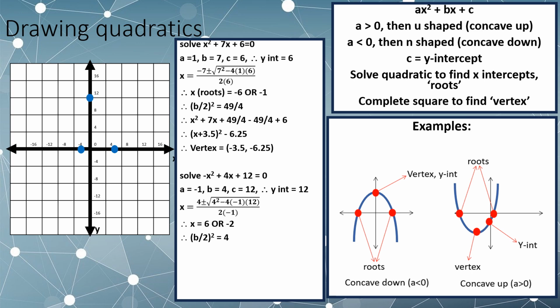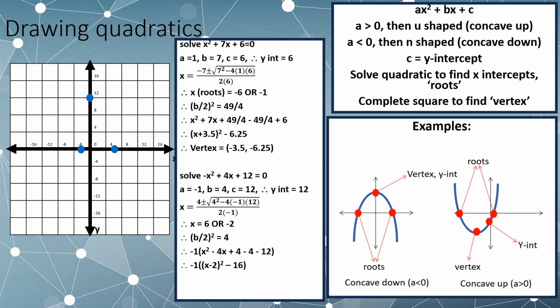I'm then going to take the -1 out just to make it a little easier to solve for our equation, just by removing -1 and taking that factor out of everything. So if you see, our positives have become negatives and our negatives have become positives. That gives us -1 and then in brackets x squared take 4x plus 4 subtract 4 take 12, which gives us -1 and then in brackets (x minus 2) squared minus 16.